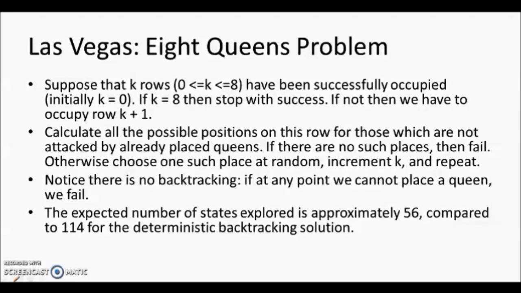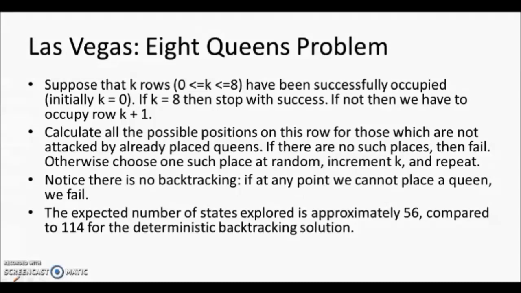This may seem low, but it means that a solution is obtained one time out of 8 simply by guessing. The expected number of states explored is approximately 56 compared to 114 for the deterministic backtracking solution.